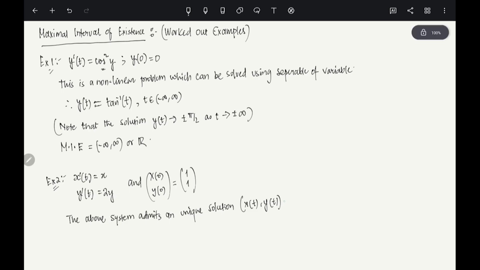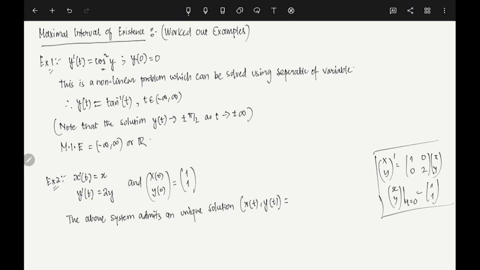If you want to write it properly, this is nothing but (x, y) prime equals the matrix 1, 0, 0, 2 times (x, y), and the data at t equals 0 is 1, 1. So you remember the fundamental existence theorem for the linear system.